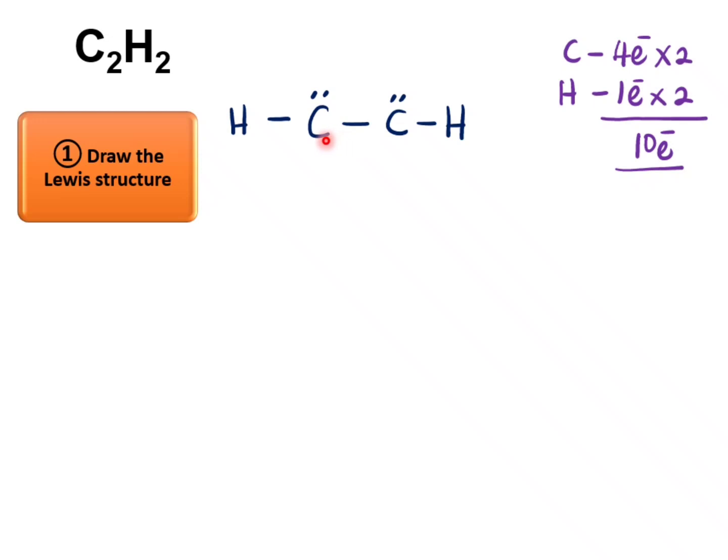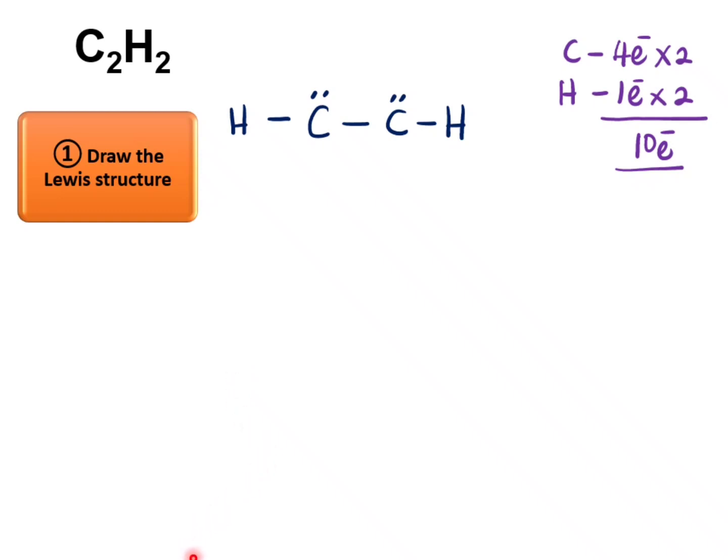But this carbon not octet yet. So remember class, element that placed in period 2 must octet. Okay, must octet, because carbon is also not included in the exception to octet rule. So it must be octet. So how? So you need to make a multiple bond between this carbon. Okay, so how?